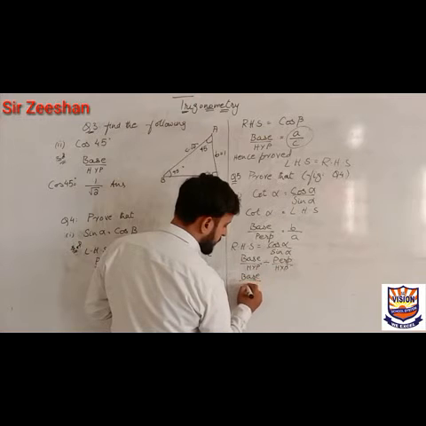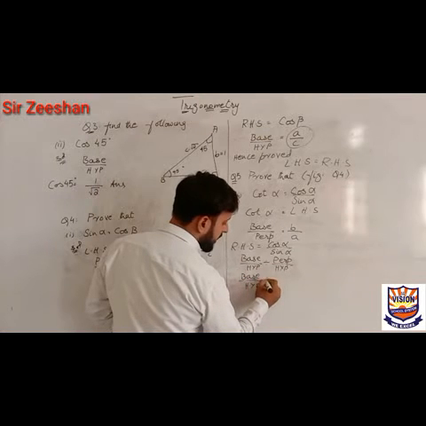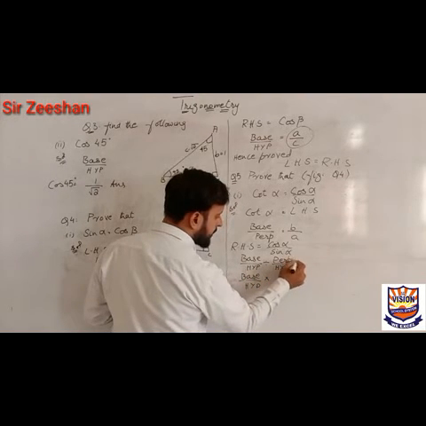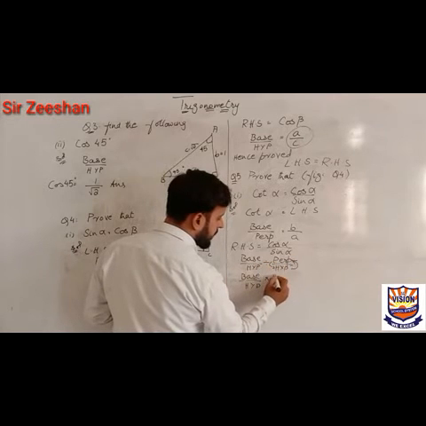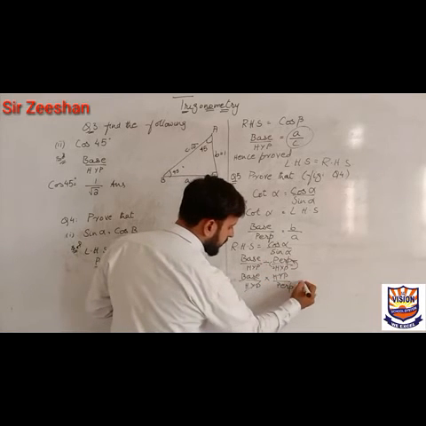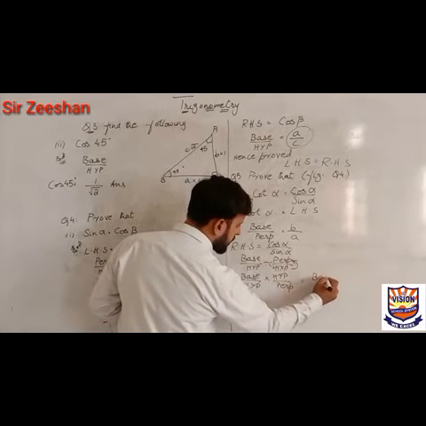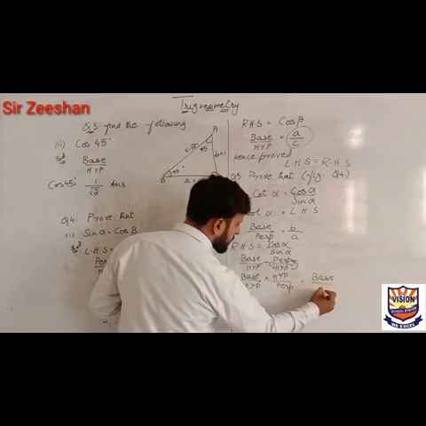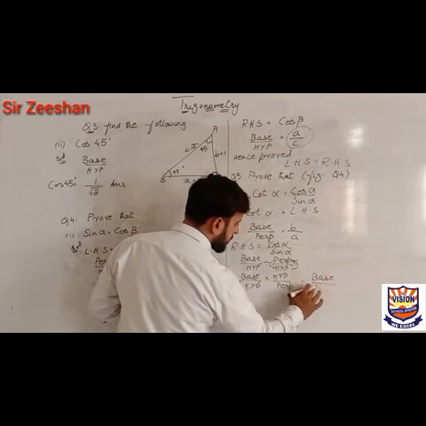First will stay the same and the second will be changed. Hypotenuse will come up and perpendicular will go down, so hypotenuse upon perpendicular. Now we can cancel them both, and we get base upon perpendicular.